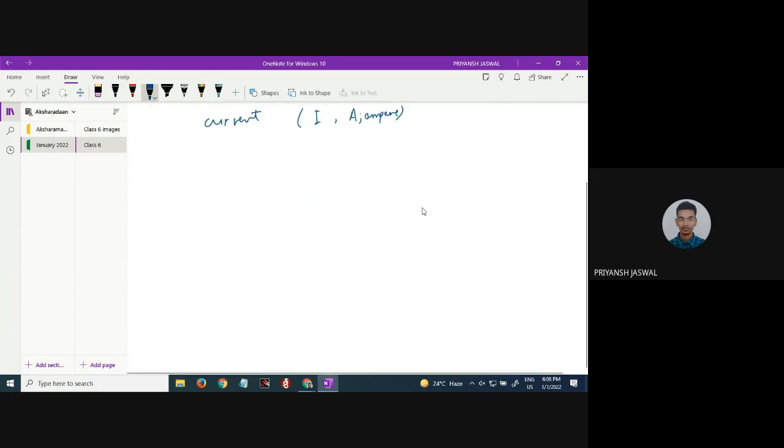For that we have an experimental setup. Consider this electric circuit. There is a battery of potential difference V. You can put a plug key here, a voltmeter, and an ammeter.